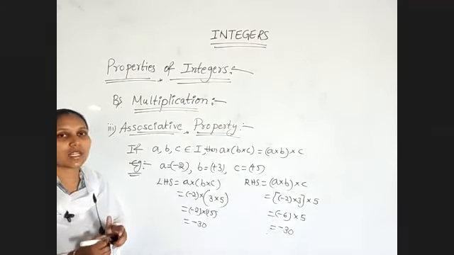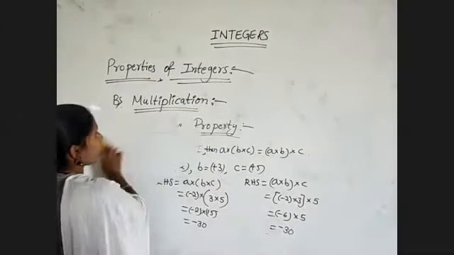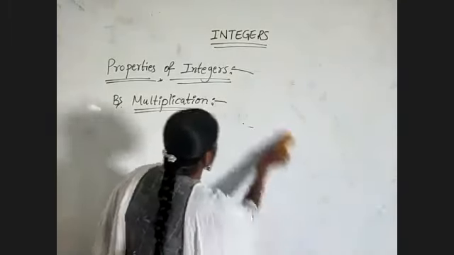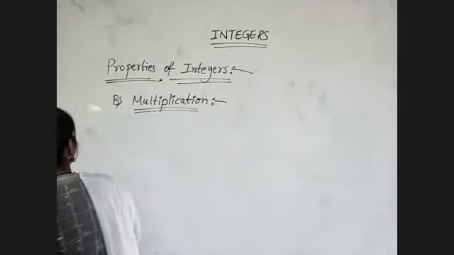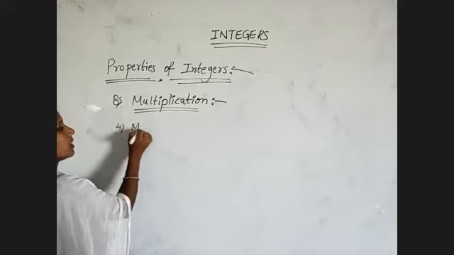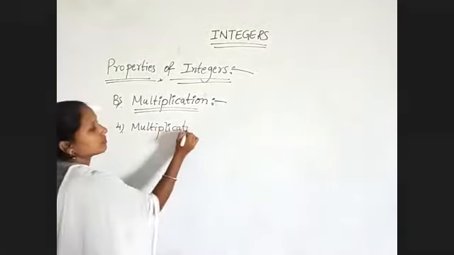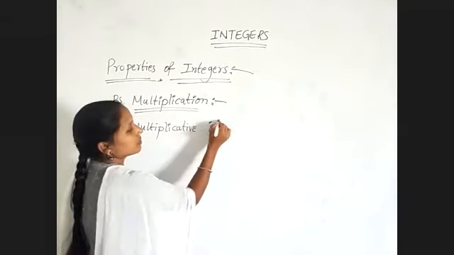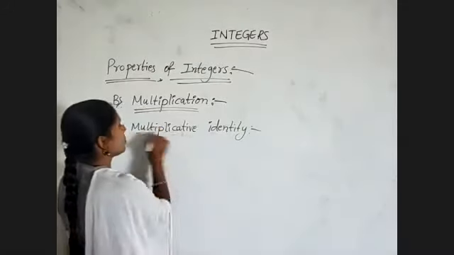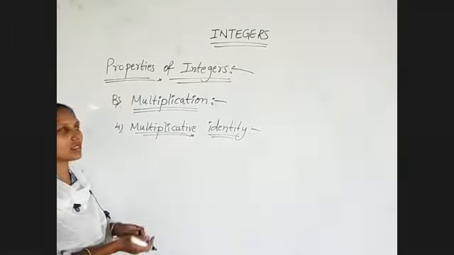Now next one, multiplicative identity. This is the fourth property, multiplicative identity. Additive identity means by adding this number we get the same result.